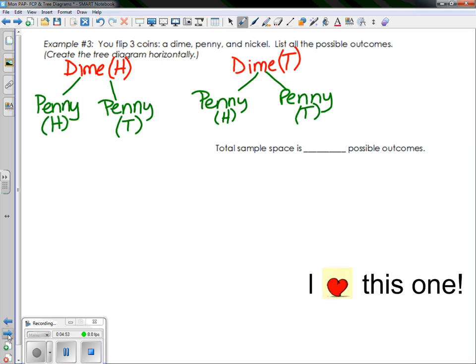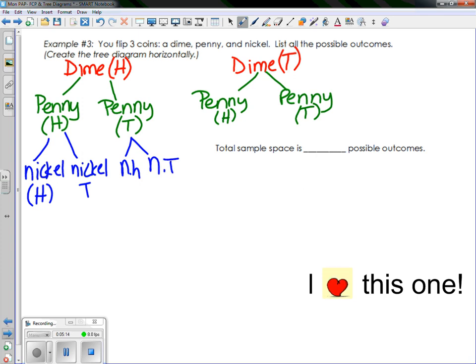Well, we could get a dime head, penny head, nickel head, or we could get nickel tail. We could get nickel head here, or we could get nickel tail. Here we could get a nickel head or a nickel tail. Here we could get a nickel head or a nickel tail.